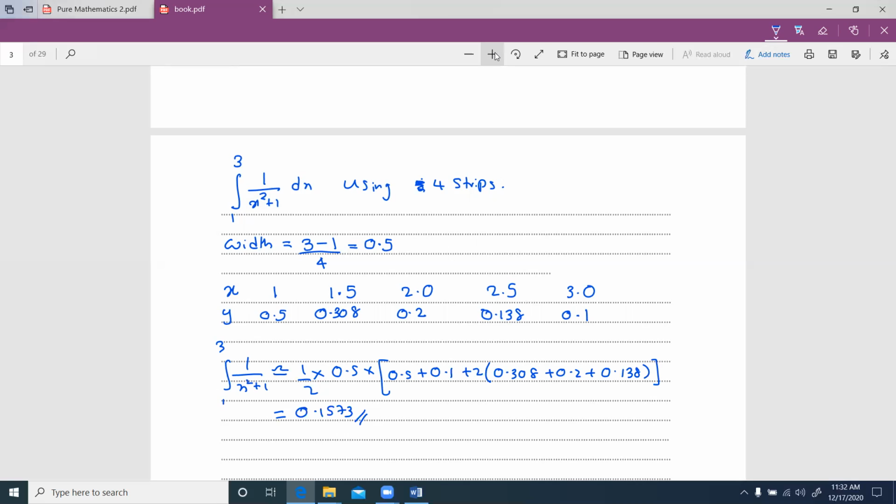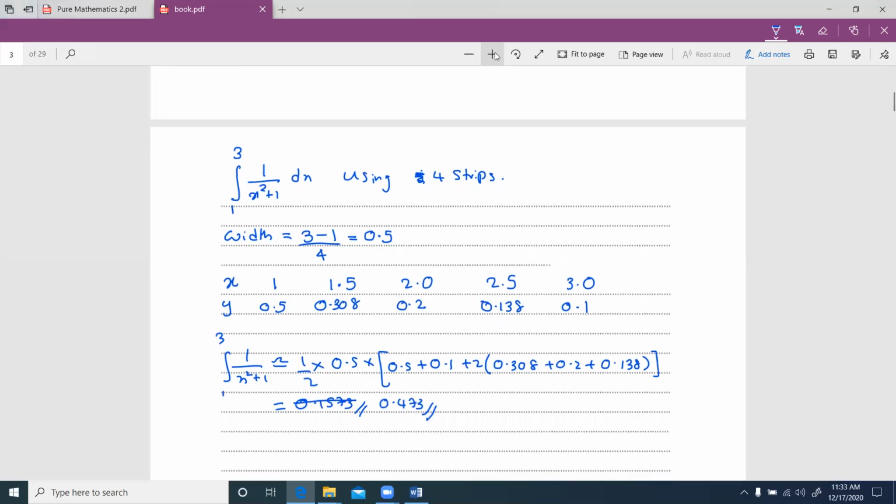The exact integration answer, there may be a small error. Let's check this calculation: 0.25 into 0.6 plus 2 times 0.308 plus 0.2 plus 0.138. Sorry, I just made a mistake. This value is 0.473, that is the answer for that.